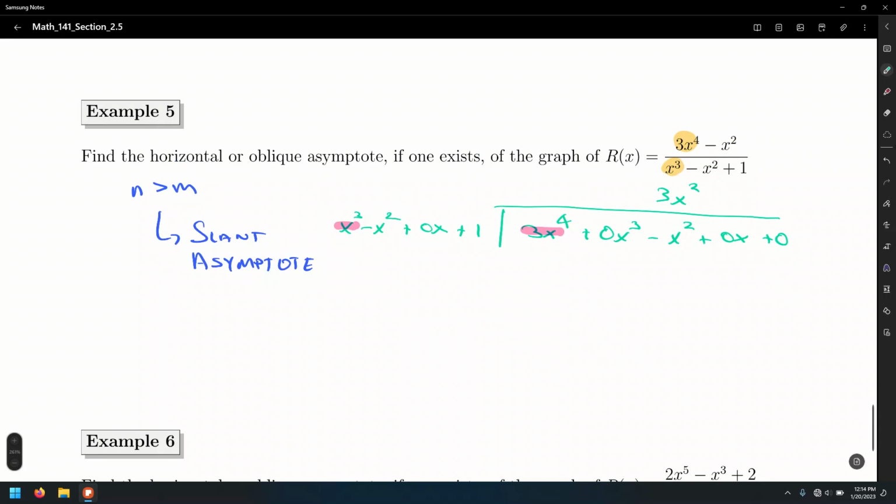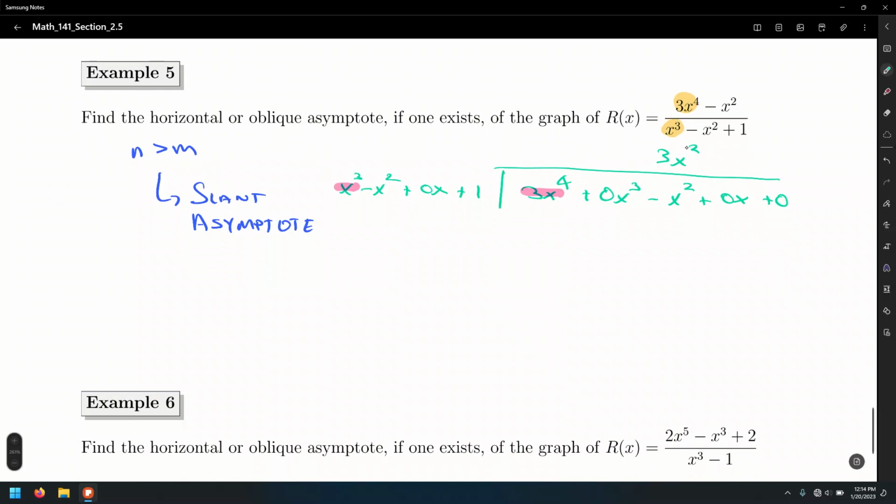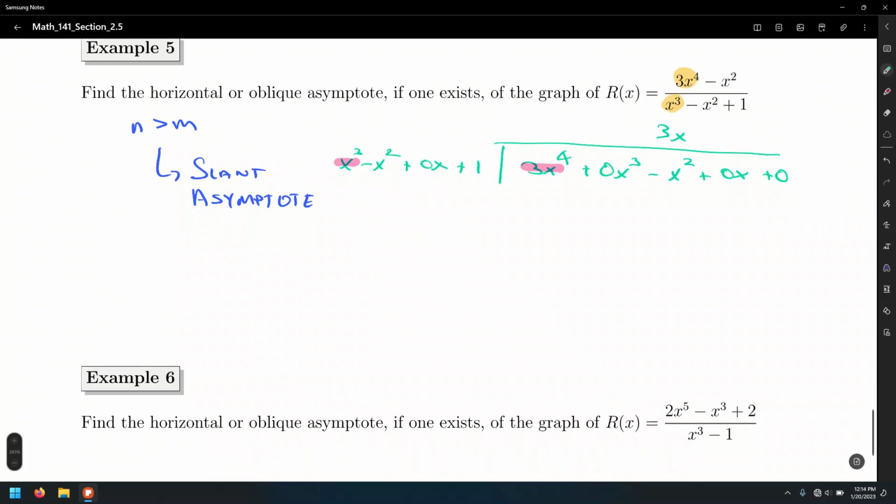Well, so the next step to polynomial long division is multiply the result we get by every single term in the divisor. That is 3x times... wait, this is supposed to be, where am I? Oh yeah. That's actually x only, right? My bad. So 3x times x cubed, that's 3x to the 4th. And something you might remember from polynomial long division is that we change the sign of whatever we get.